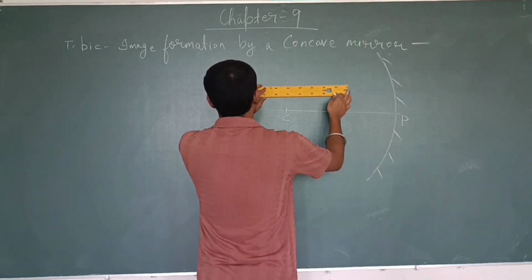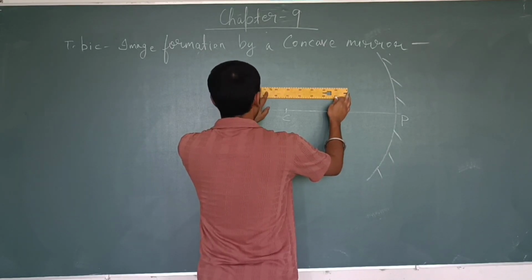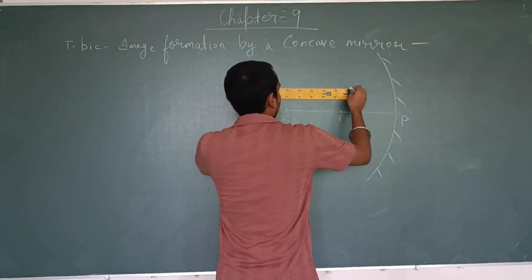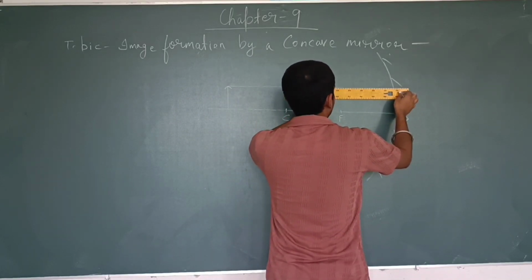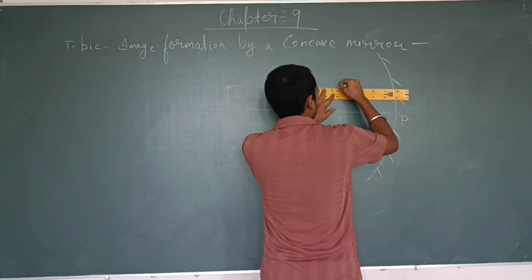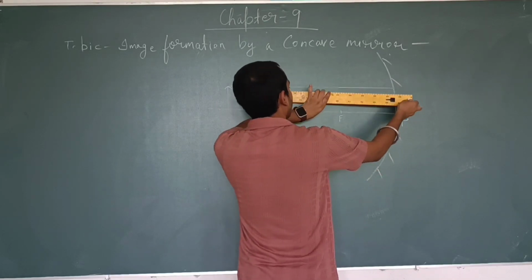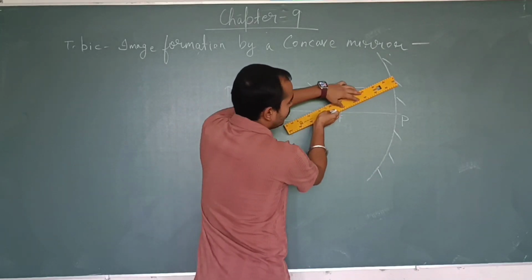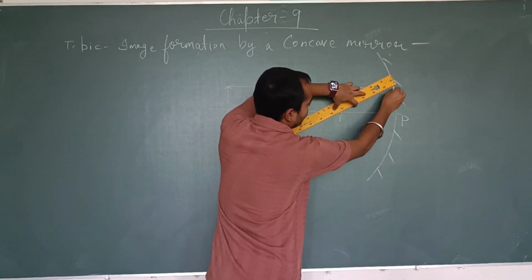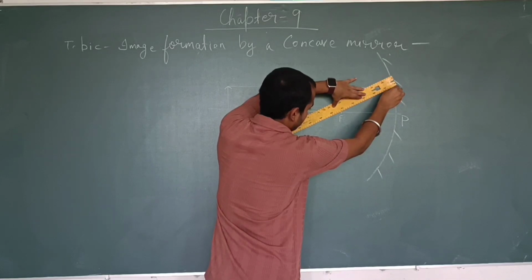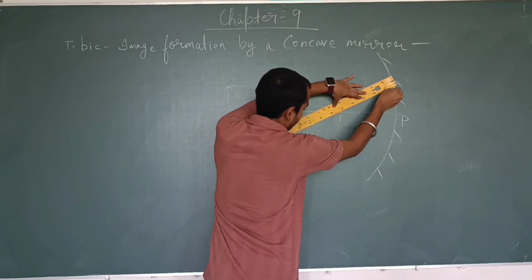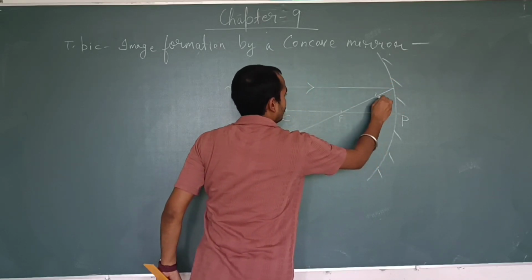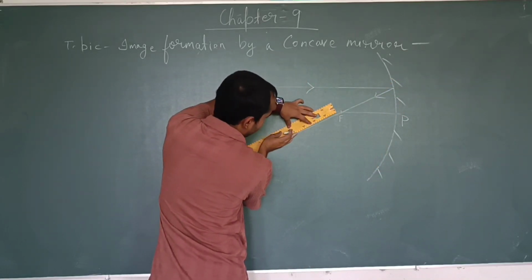So first, a parallel ray of light will come, and if it is parallel, then as we have learned in the first rule, it will pass through the focus after reflection. Okay? So it is passing like this.